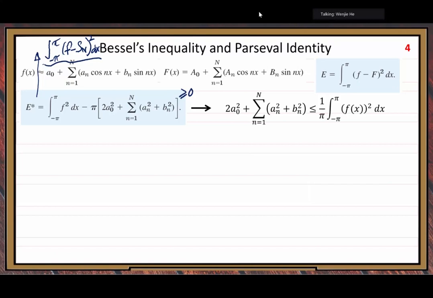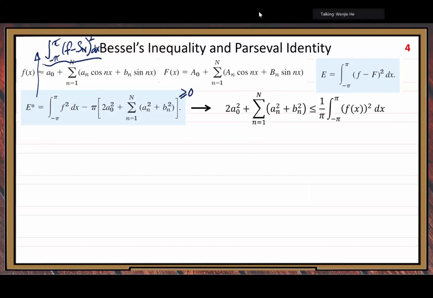Will we get an identity or still an inequality? When N goes to infinity, we still have the inequality, but can we make this inequality an identity? That's the question.